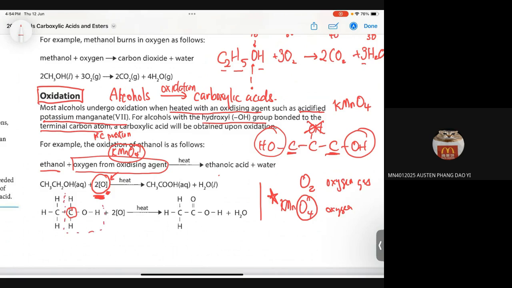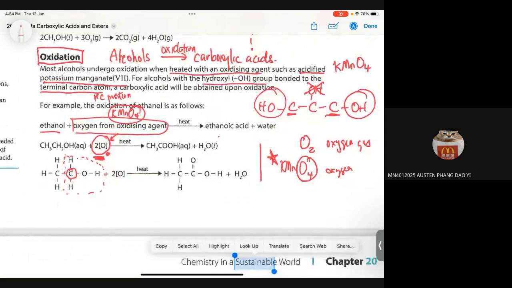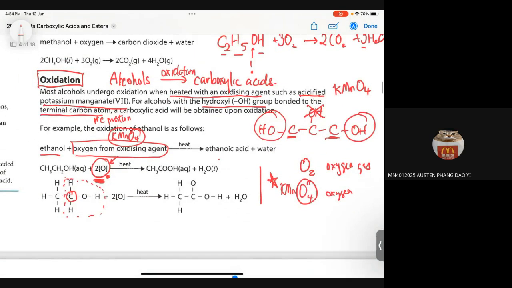It will lose 2 of the H, and then it will form a C double bond O. The OH remains there because carboxylic acid still contains the OH hydroxyl group. The reaction is actually a few steps on, but you don't need to know this until tertiary education. So for now, just take it as the 2H is removed and you put a double bond O on that particular carbon. Any questions?